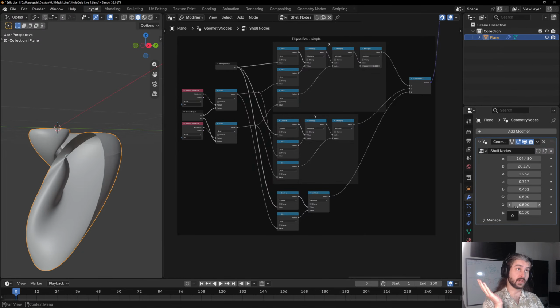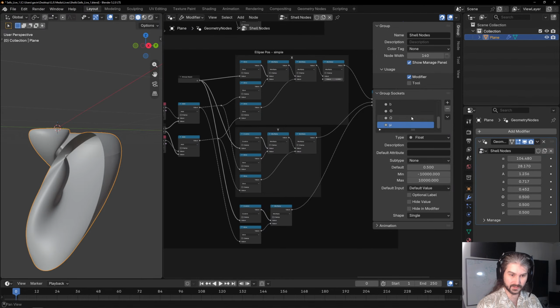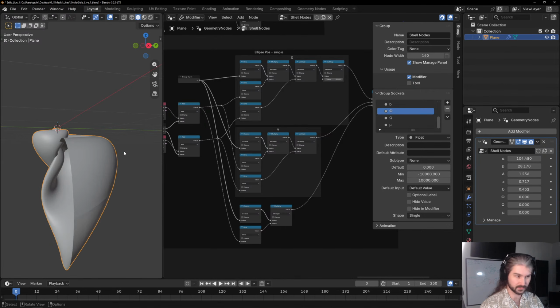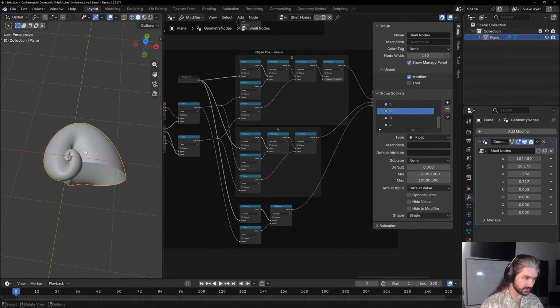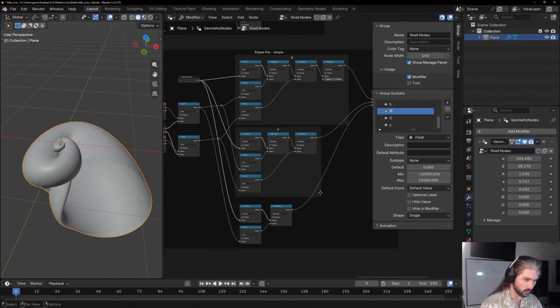I don't know what 0.5 is in radians. I can't do that off the top of my head. Who am I kidding? Anyway, we're going to set all of these to default to 0. We want no weird rotations for no reason. So reset all of these to 0. Gonna get back to this. What's going on here? Why are you being weird?